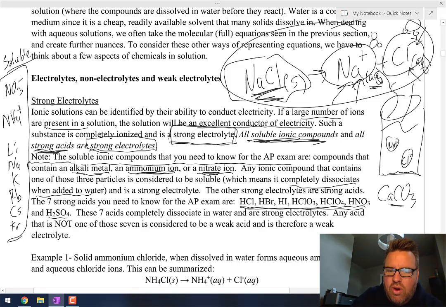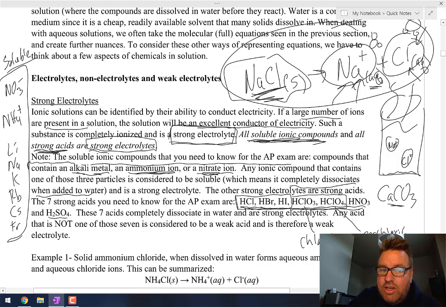So hydrochloric, hydrobromic, hydroiodic. I kind of put them into 3 groups. It kind of helps me remember them better. And then chloric and perchloric are these 2. HClO4 is perchloric acid, where this is just chloric acid.